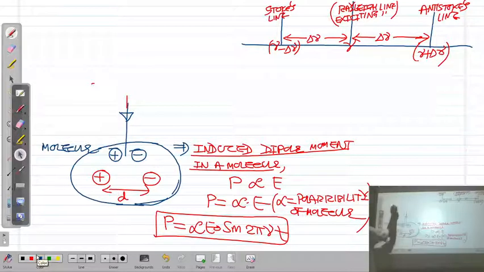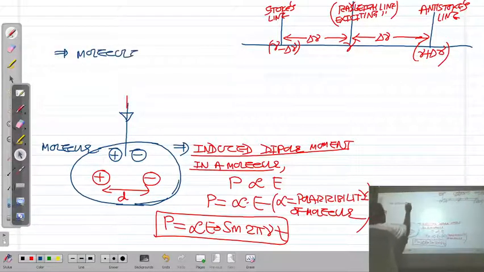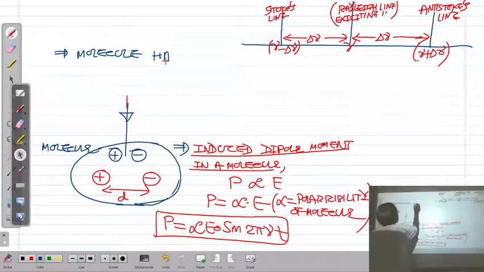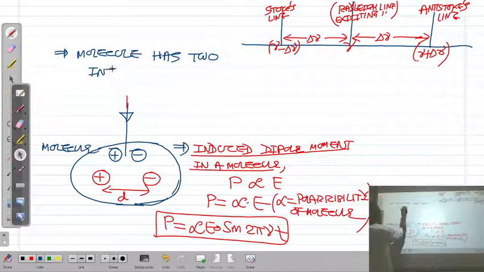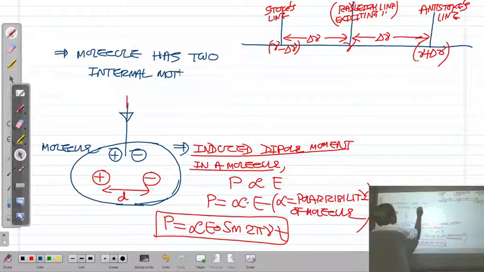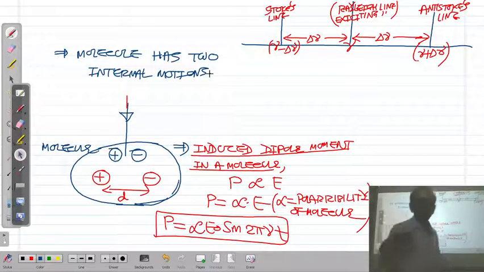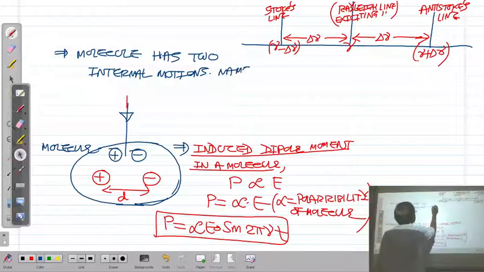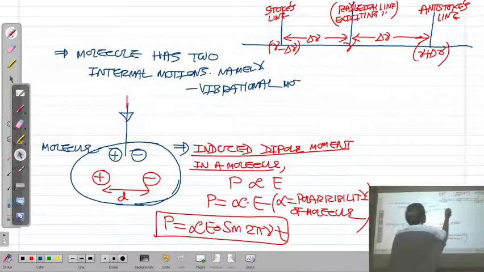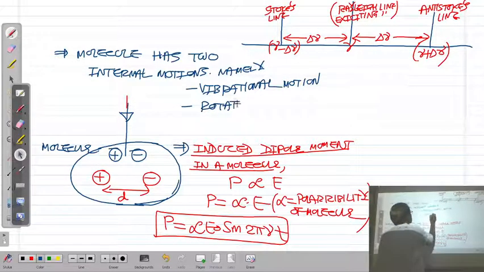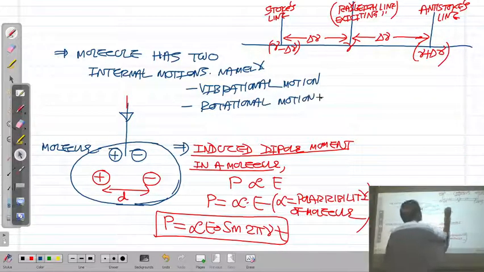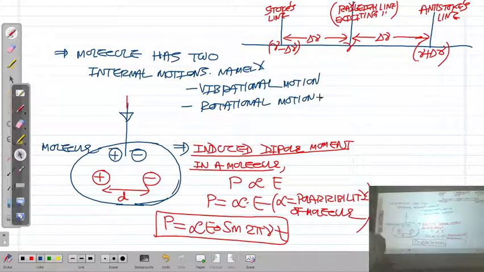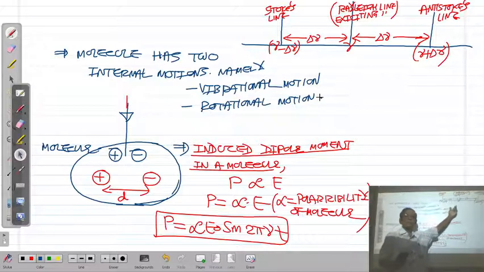As you know very well, the molecule possesses two internal motions, namely vibrational motion and rotational motion.